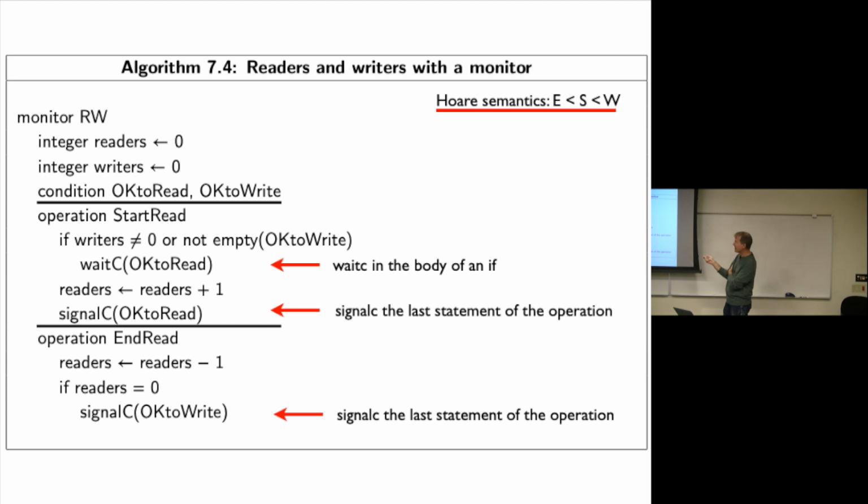It has an integer called readers initialized to 0. What do you suppose readers stands for? The number of readers that are in the database reading. And also writers, initialized to 0. So that's obviously the number of writers that are in the room.